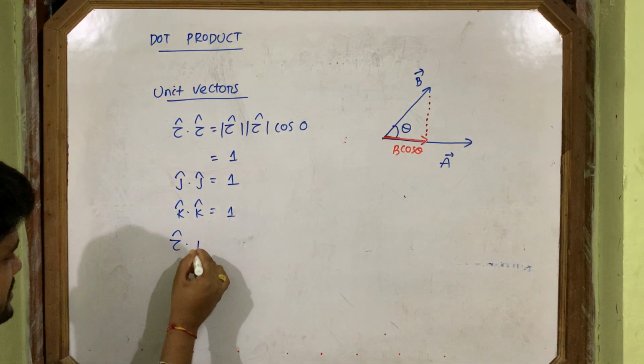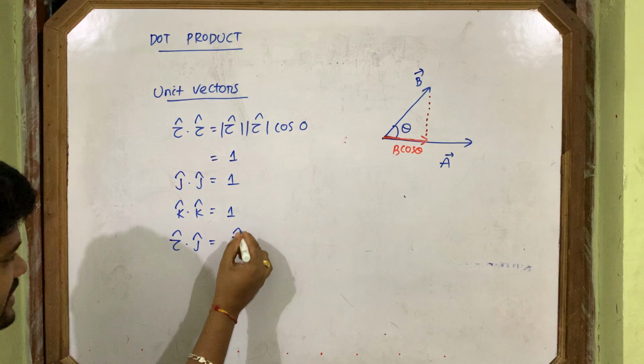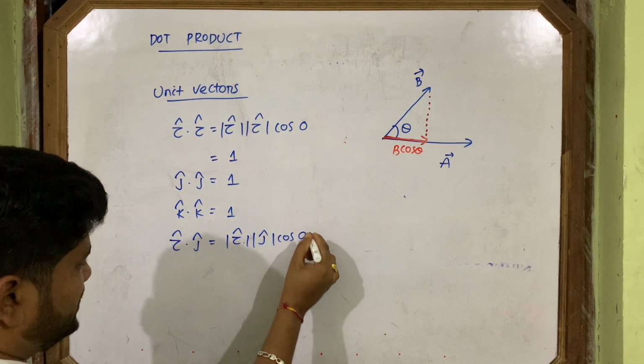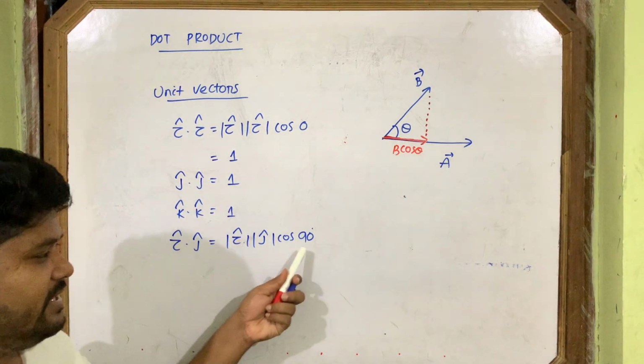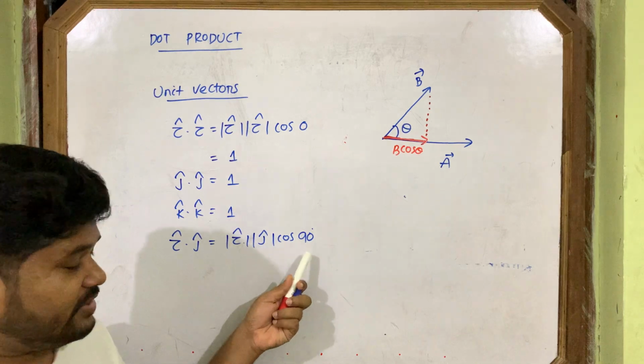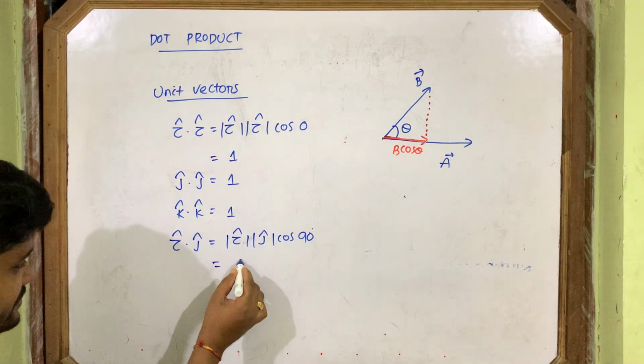If I take I cap dot j cap, let's find I cap mod, j cap mod, cos of the angle. What is the angle? 90 degrees. How 90 degrees? I cap is along the x axis, j cap is along the y axis, so the angle between them is 90 degrees. So this is 0.